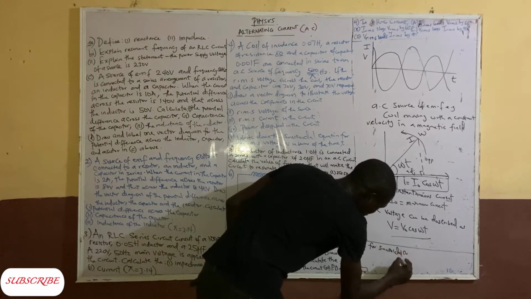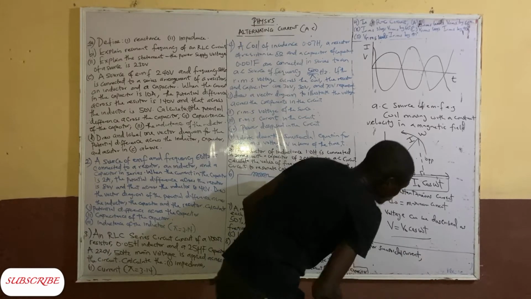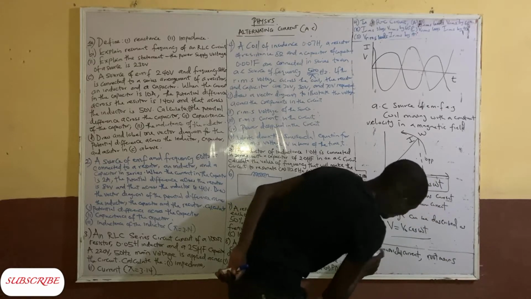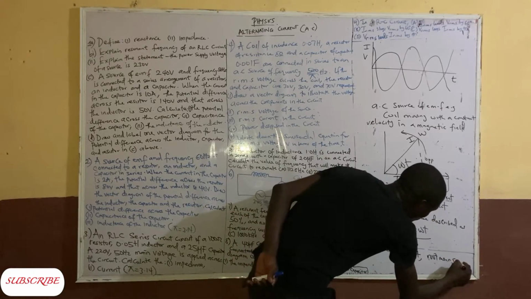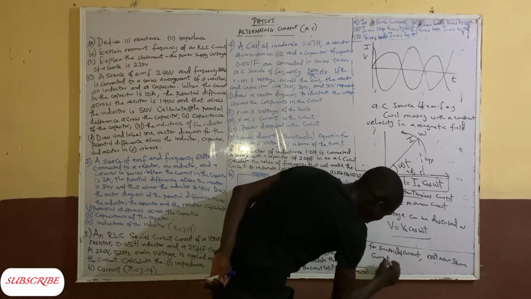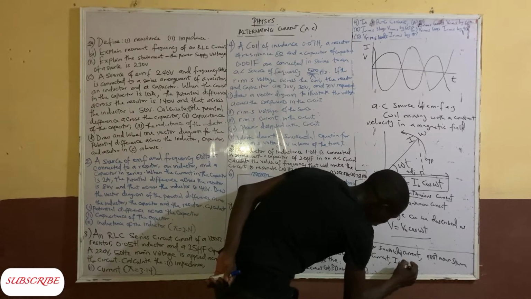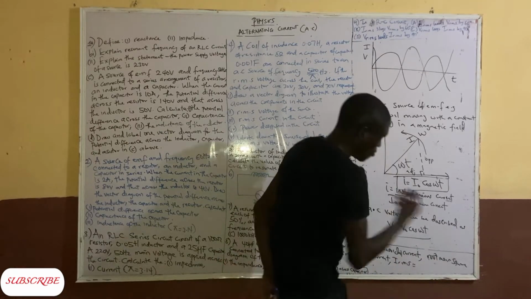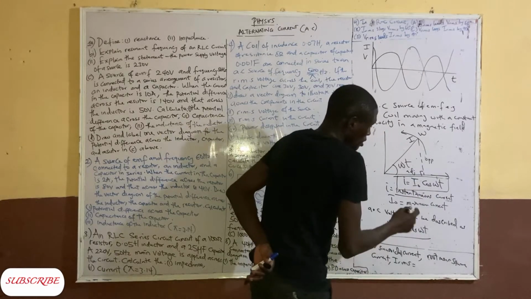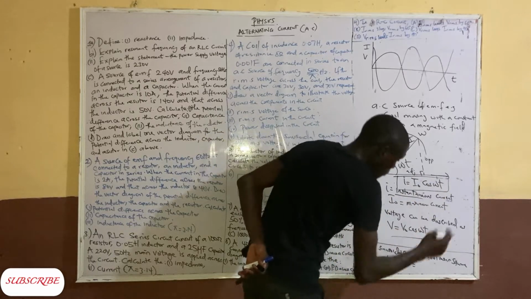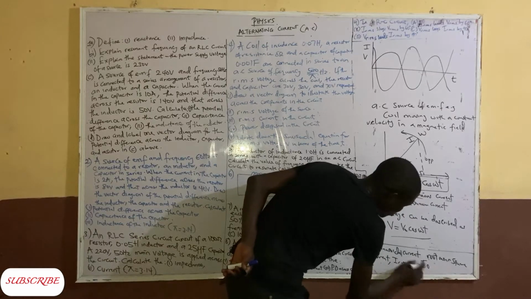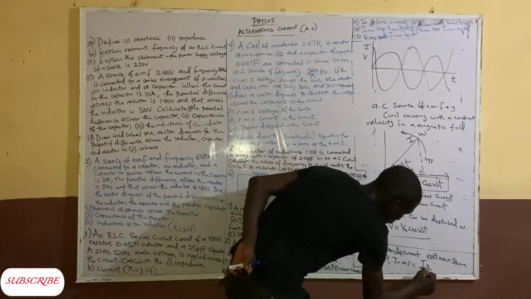the root mean square. For sinusoidal current, the root mean square current, denoted as I rms, is directly proportional to the current amplitude, that is the maximum current, the peak of the current, which is I naught over root 2.